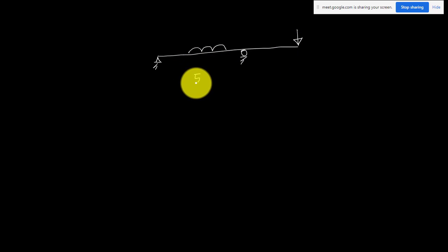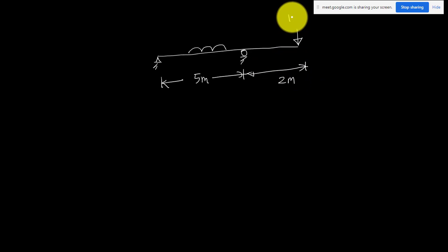Correct, no? So this is a singly overhanging beam. Only one side I have overhang. 2 meters. So here 10 kilonewton. So this is 5 kilonewton. This is 3 meter length. So a problem like this we are asking. Correct?